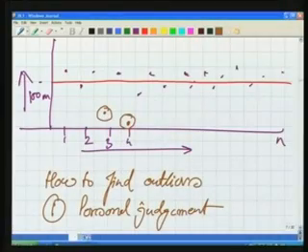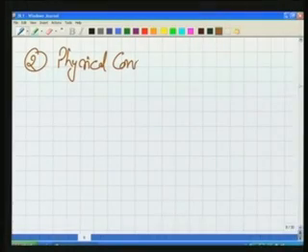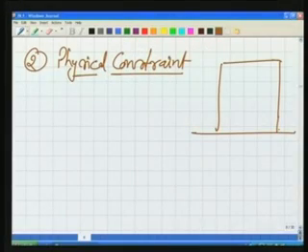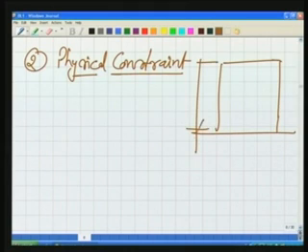Many times, method number 2 could be the physical constraints. Let us say you are measuring the height of a building, and the height of the building cannot be more than a certain value in any case.